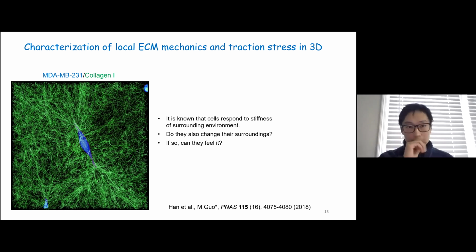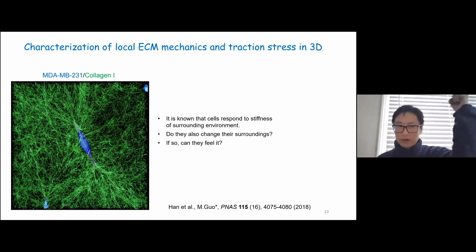For example, here we grow one human breast cancer cell in a 3-dimensional collagen gel. You can see as the blue cells spread out into a spindle shape, they actually collect the collagen fibers near the two spindles. And that changed the alignment, that changed the concentration. And the question we ask is, does that change the mechanical properties also?